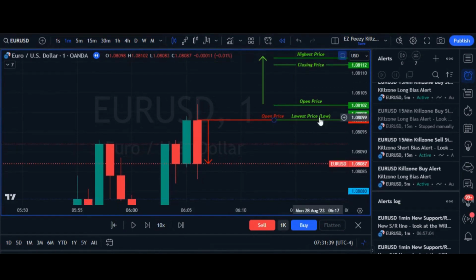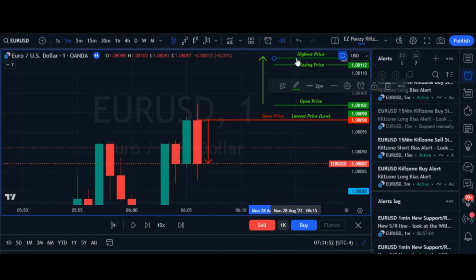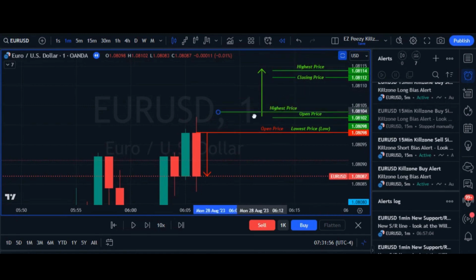Now I'm just going to go grab it. We have the open price, then we have the high price. So what happens is price opens and then it goes up and makes a high price. So we're going to do the highest price here. You go grab that. This is the high of that candle.